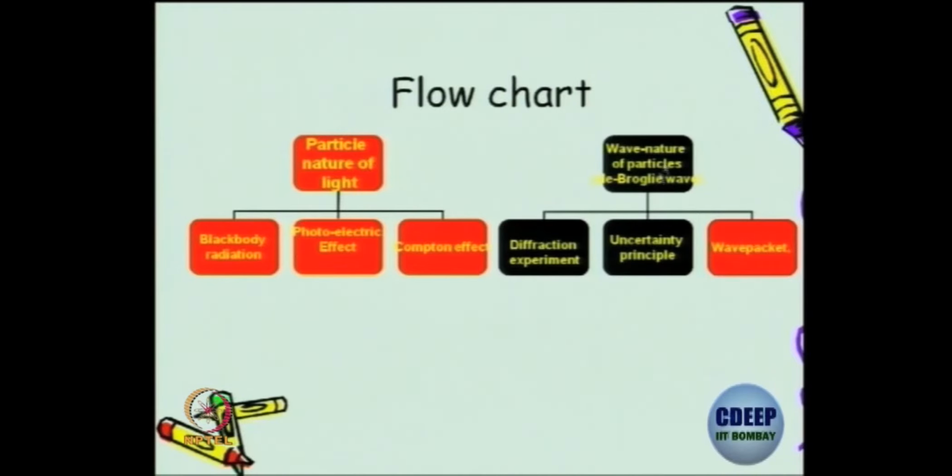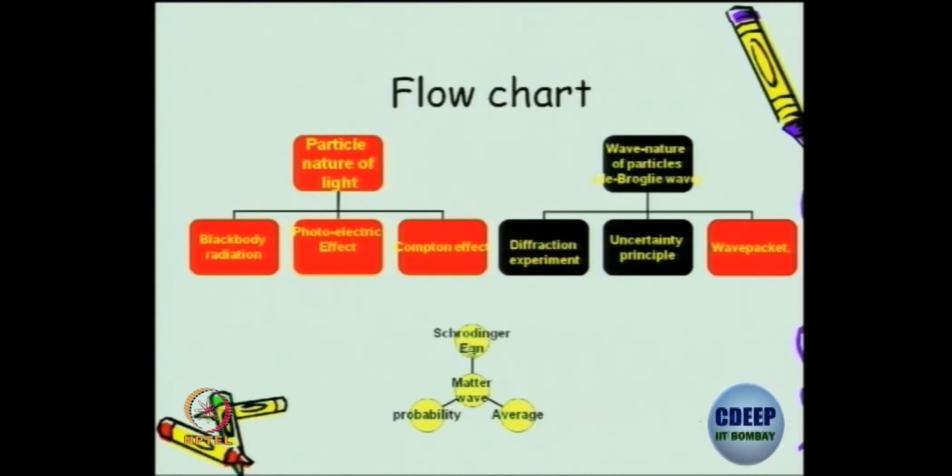Usually particles are particles, but you can look at wave nature of particles; they are called matter waves or de Broglie waves. To explain them, you can look at diffraction experiment, uncertainty principle, and you can also look at a superposition of various waves to look at the group velocity to see the wave packet. So these are ways of looking at the wave nature of the particles.